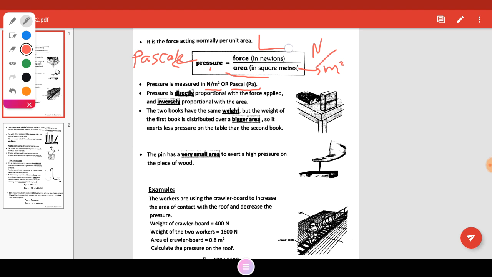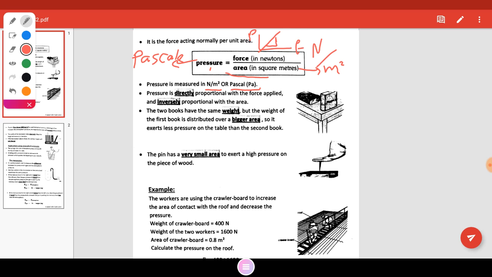The relation between pressure and force can be represented by a straight line, and the slope of it equals pressure over force, equal 1 over A, the reciprocal of the cross-sectional area.